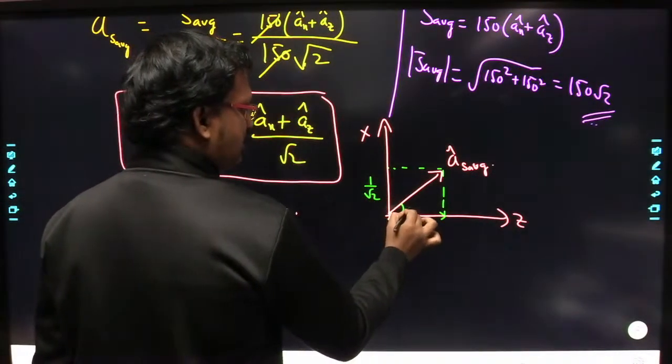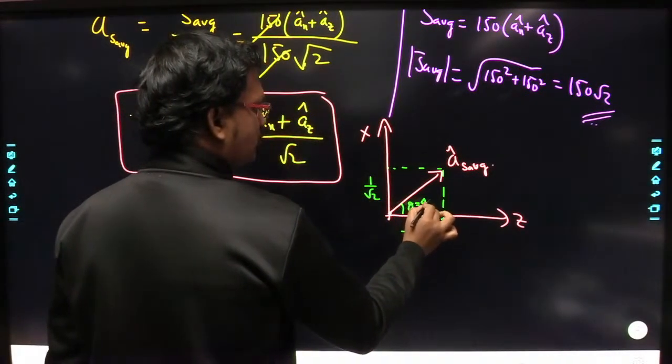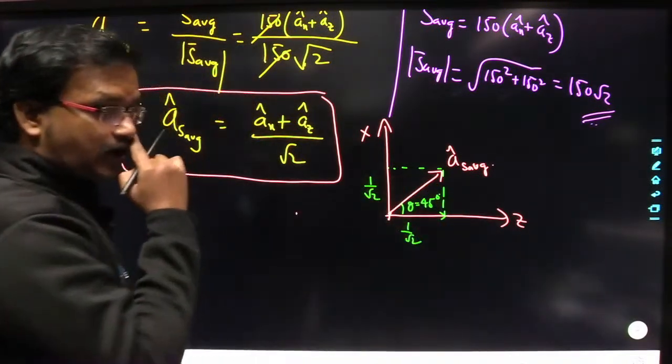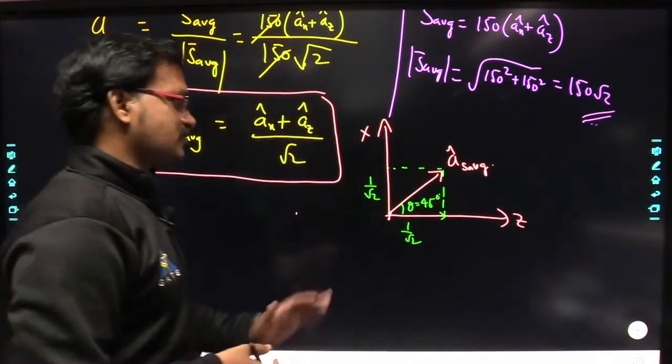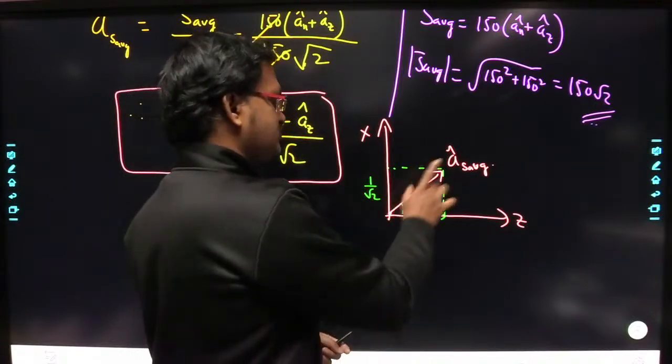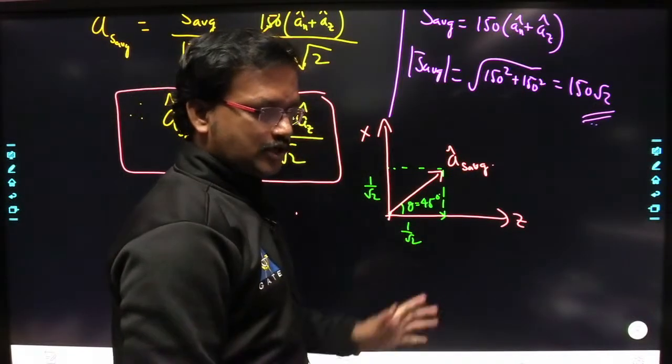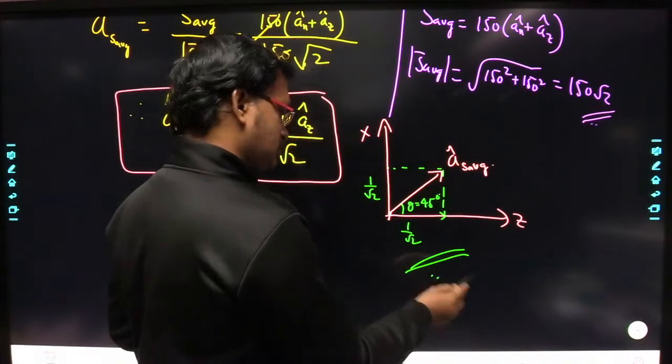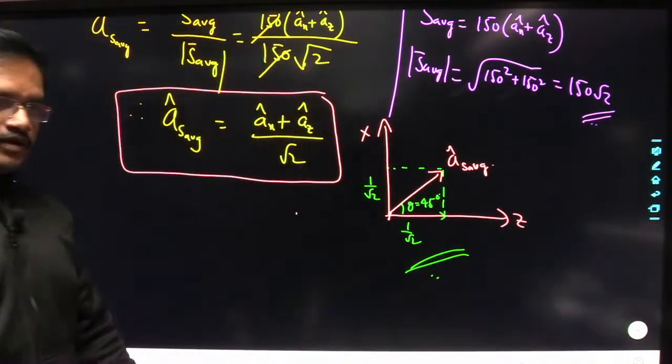So this angle theta is equal to 45 degrees. So he has told that in the ZX plane it makes 45 degrees like that. So this is also correct. Understood?